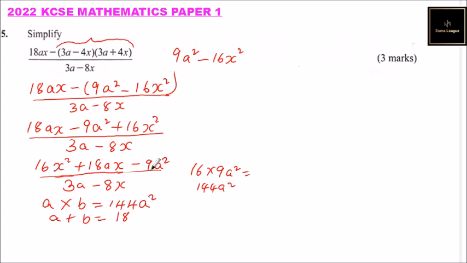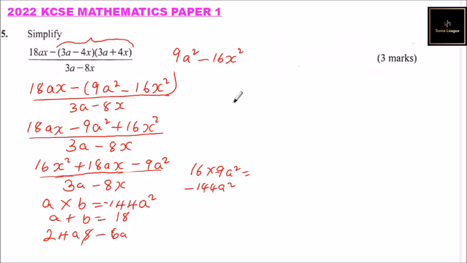Now you can get the factors of 144 and see which numbers, when multiplied, give 144, and when added give 18. I get my numbers 24a and minus 6a. When you multiply 24a by minus 6a, you get minus 144a squared, and when you add you get 18a.